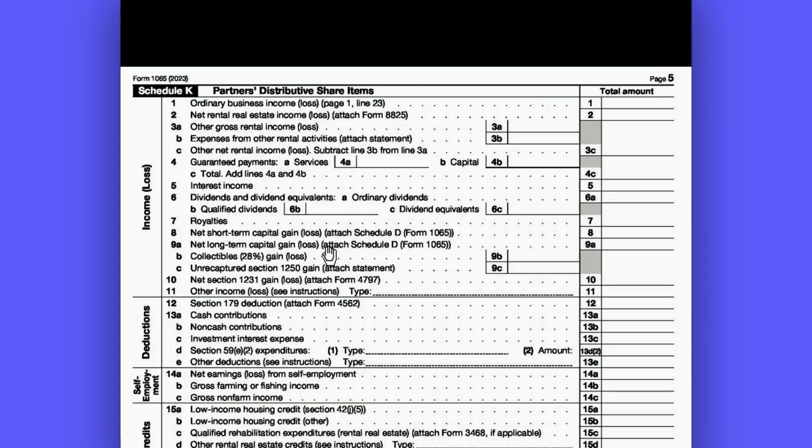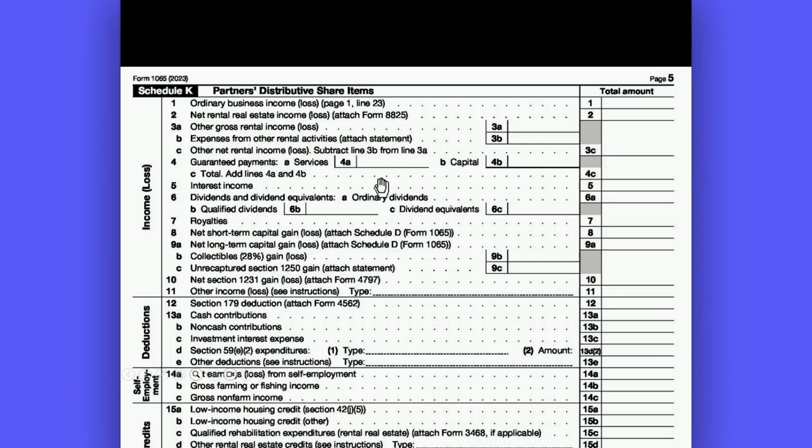But we have Schedule K to put it all together in one place that can then be distributed out on the Schedule K1s. So you can see line 2 here is that rental real estate income. So you would do the Form 8825, and then the result of that would go here on line 2. And then you can see all of the other things that go on here. The guaranteed payments, total guaranteed payments goes here for services, and then capital, and then we put the total.